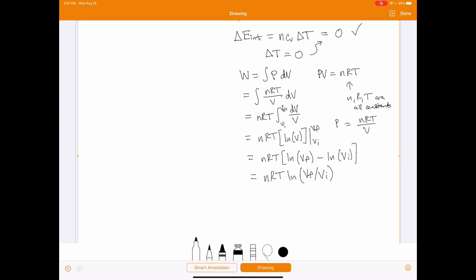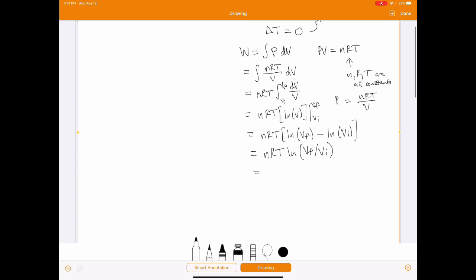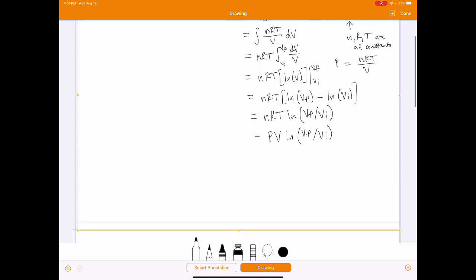And then as a final step, since what we want to do here is express everything in terms of pressure and volume so that we can work everything out from information on a PV diagram, nRT is just PV. So we have PV times natural log V final over V initial. That's an equivalent expression.